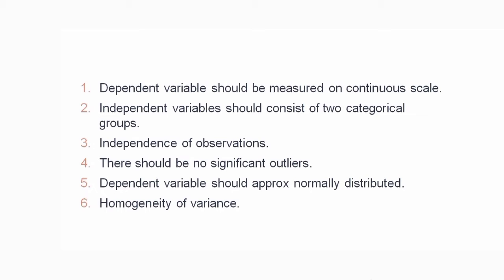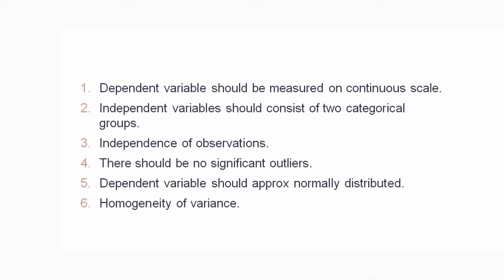Fourth, there should be no significant outliers, because outliers cause problems in our calculation. Fifth, the dependent variable should be approximately normally distributed. This is a very important assumption that should be met. Otherwise, we have to go for a non-parametric test.